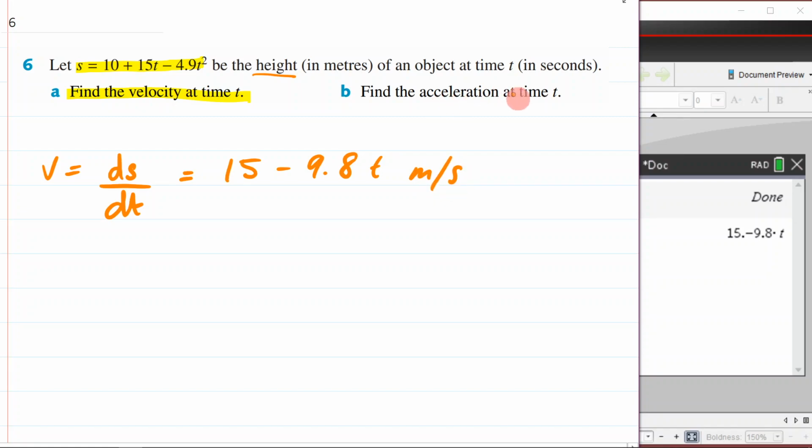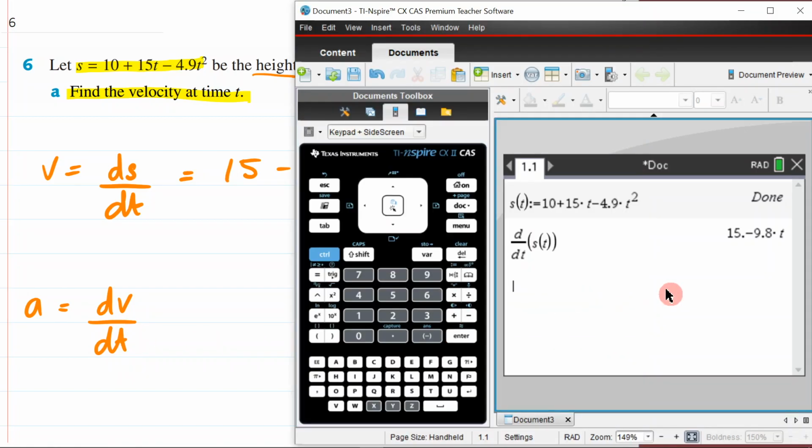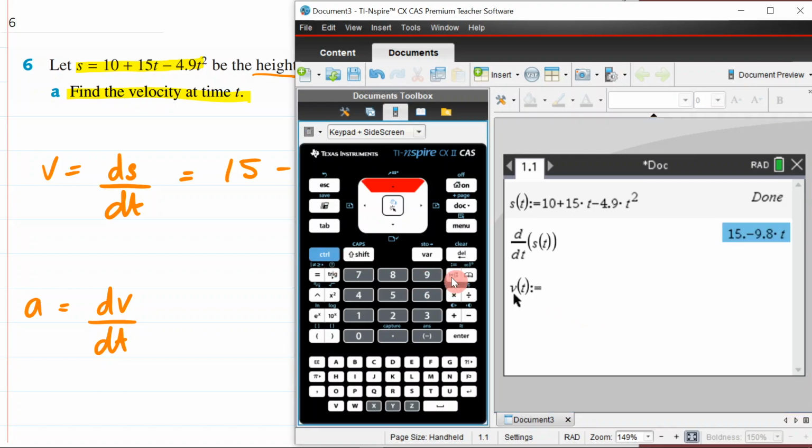Next, we want to find the acceleration. We know that the acceleration is simply going to be what happens when we differentiate our velocity with respect to time. So I might do this just because we're going to use it later, but you don't strictly have to. I'm just going to define that v of t is my velocity. So I'm going to go control this, that, and that's done now.